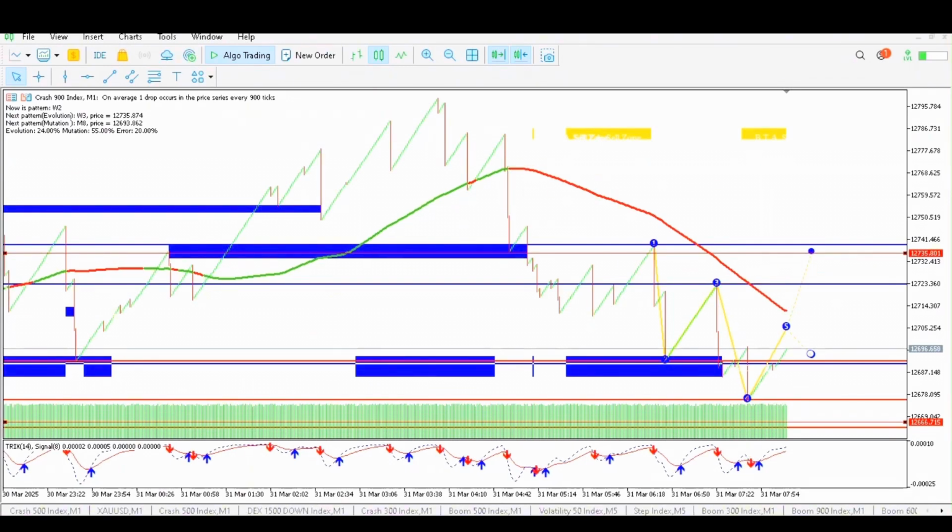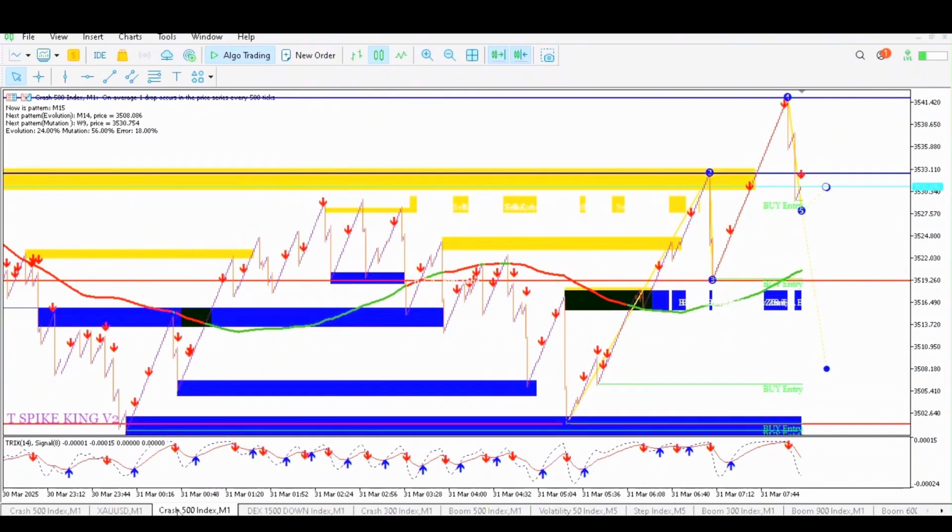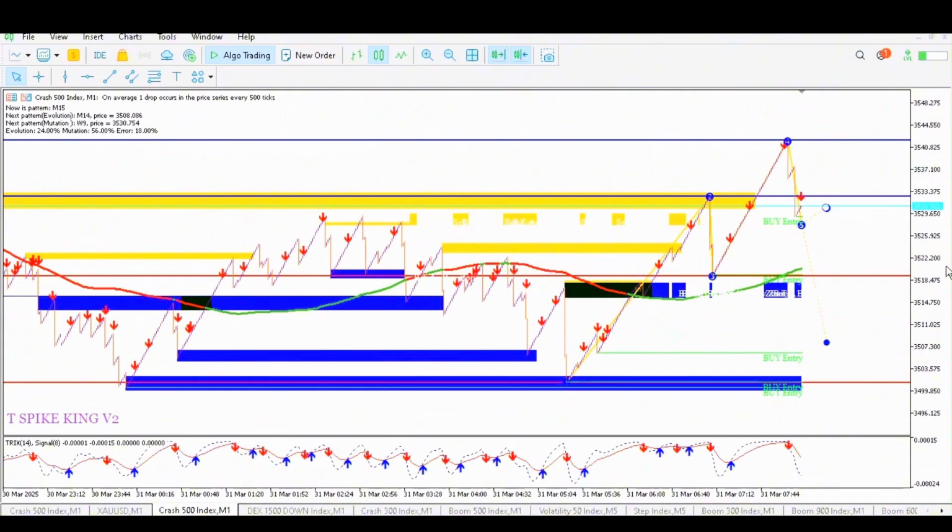So let me check Crash 500. Right, exactly what I was talking about. You see, when this one spiked, there was only one node here. Those are the entries I like, whereby you just enter, then you hold it and wait for more spikes to come whilst you are holding, and your signal will be confirmed by what?